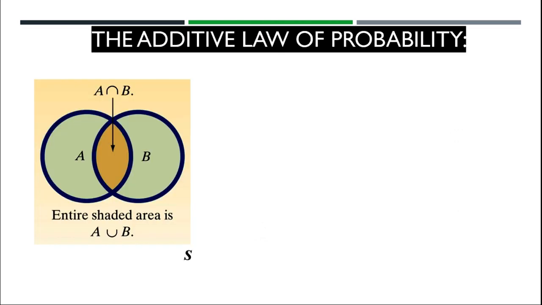You can see that the probability of the union of 2 events A and B can be obtained by summing the probability of A and the probability of B and subtracting the overlap, because the overlap A and B has been included twice.